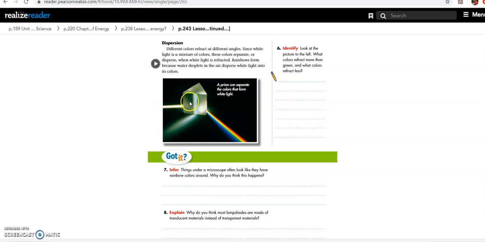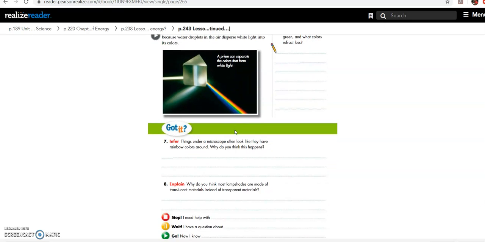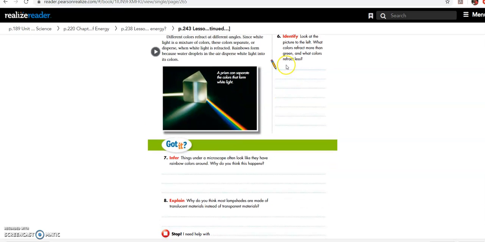We can see that because it has a harsher angle with the original white light. Red and yellow refract less, as their line is more something that we consider straight. It refracts less than green. So blue refracts more, red and yellow refract less.